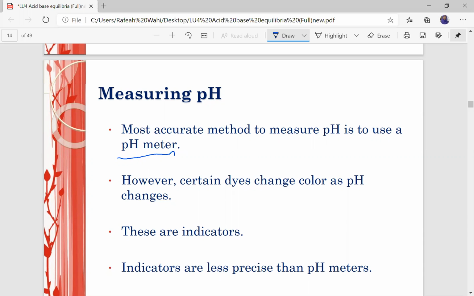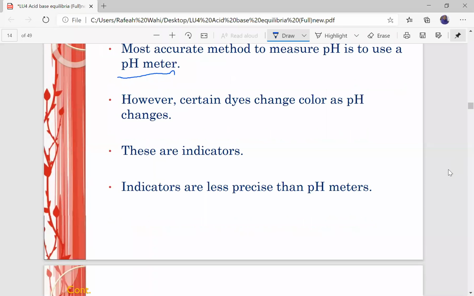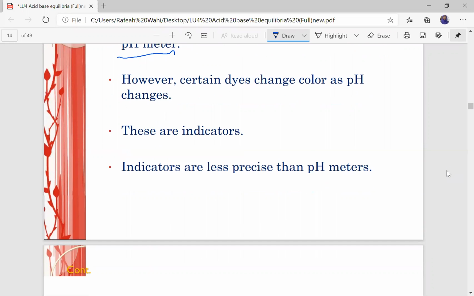Okay? So these are dyes. They are dyes that change color when pH changes. So these are called indicators. Although indicators are less precise compared to a pH meter, they can give you a very quick and simple indication of the endpoint of your titration, acid and base titration. Okay.